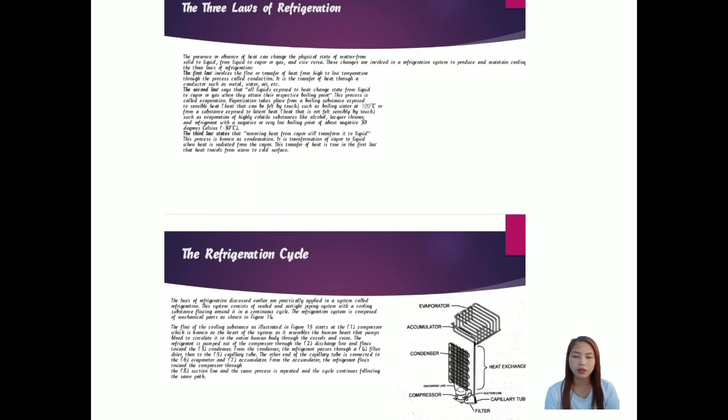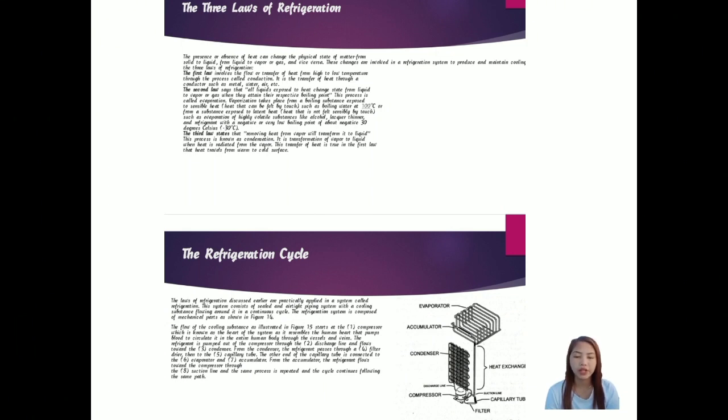The laws of refrigeration discussed earlier are particularly applied in a system called refrigeration. This system consists of an airtight piping system with a cooling substance flowing around it in a continuous cycle.